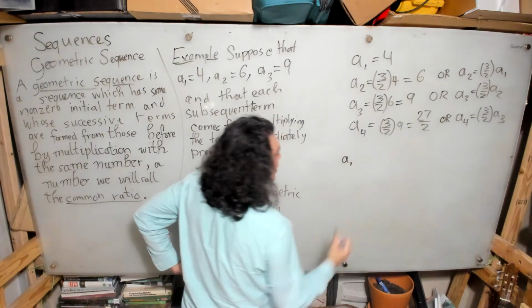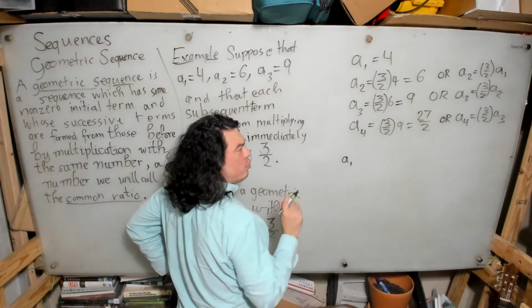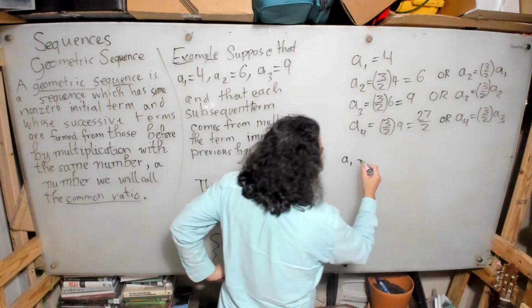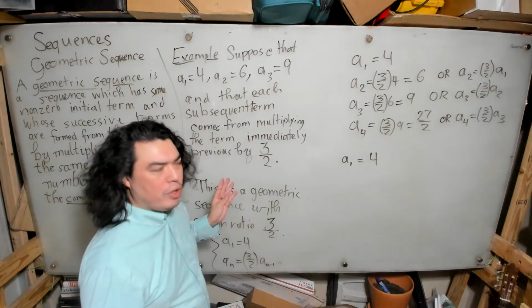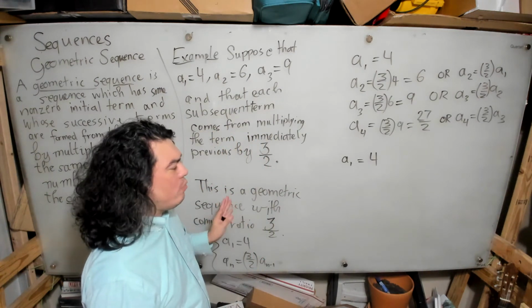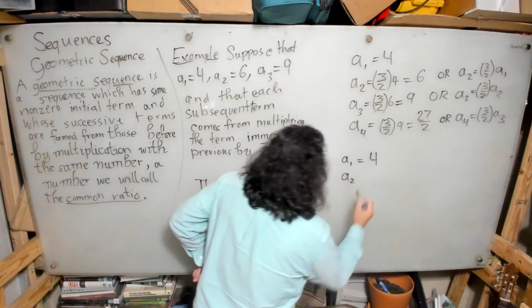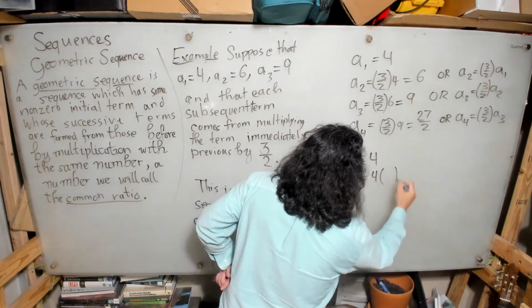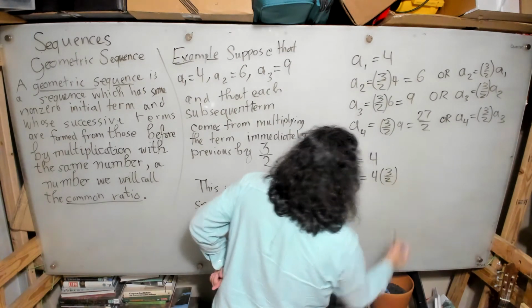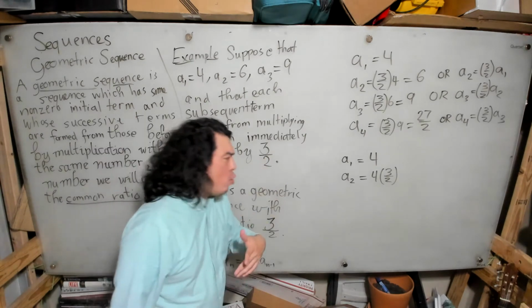Let me rewrite these terms of the sequence in such a way as to reveal what we're getting at. The first term is 4. That's it. What about the second term? We can write the second term of the sequence, A2, as 4 times 3/2. Now, what is the third term?